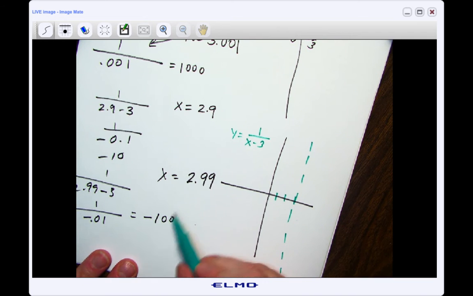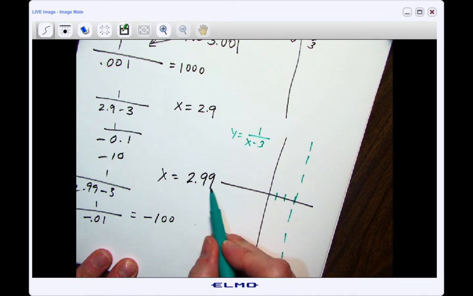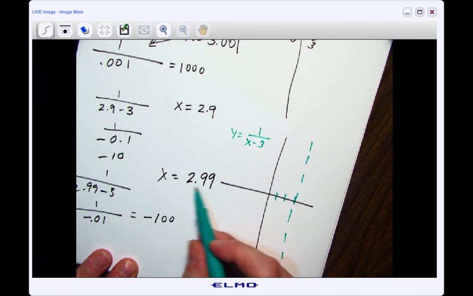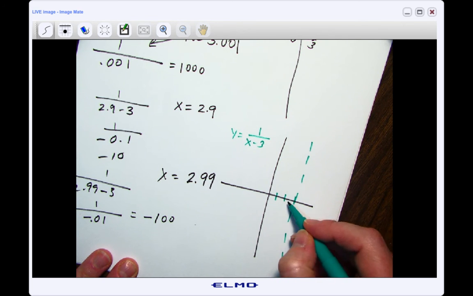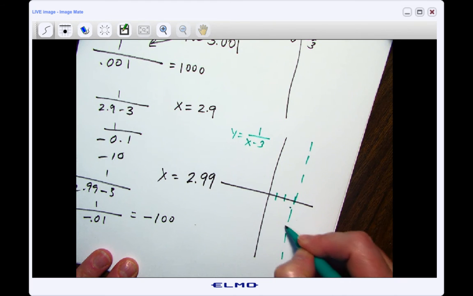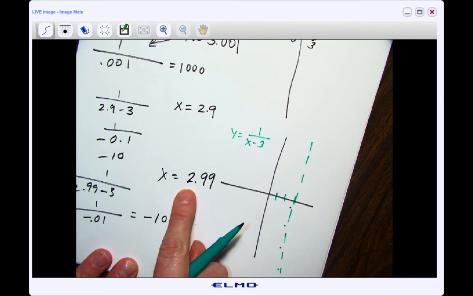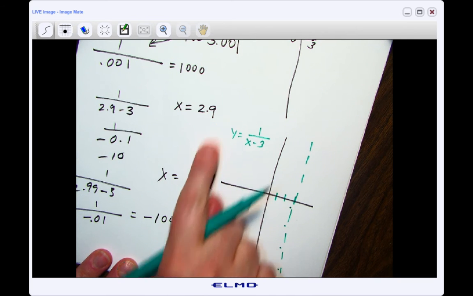And of course, we just said as we get close to 3 on this side, to the left of 3, what happens is we're going to start getting these bigger and bigger values. We're going to keep getting closer to 3, right? Because this is closer to 3 than this one, if I keep adding 9s.